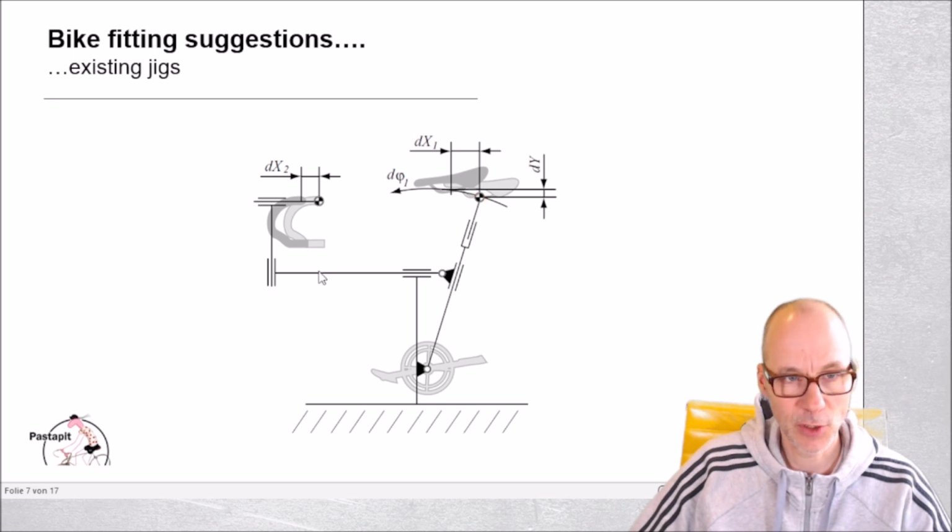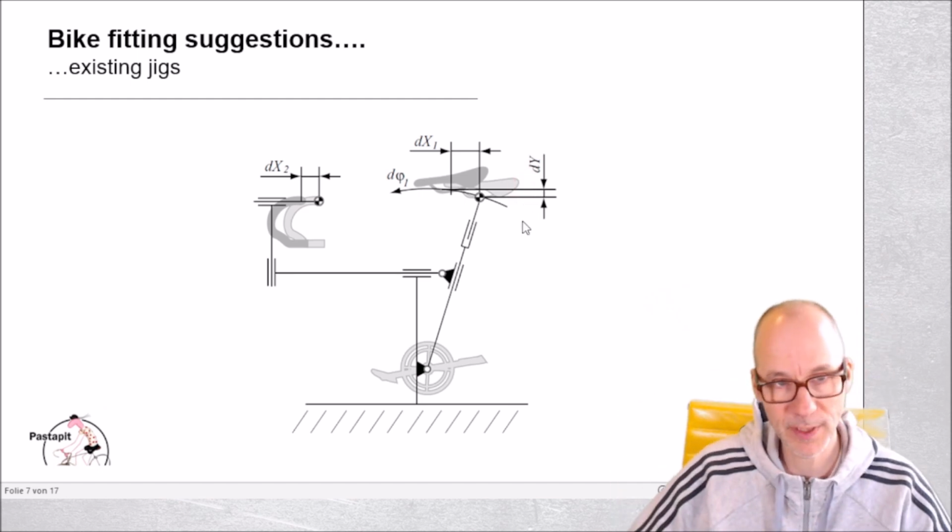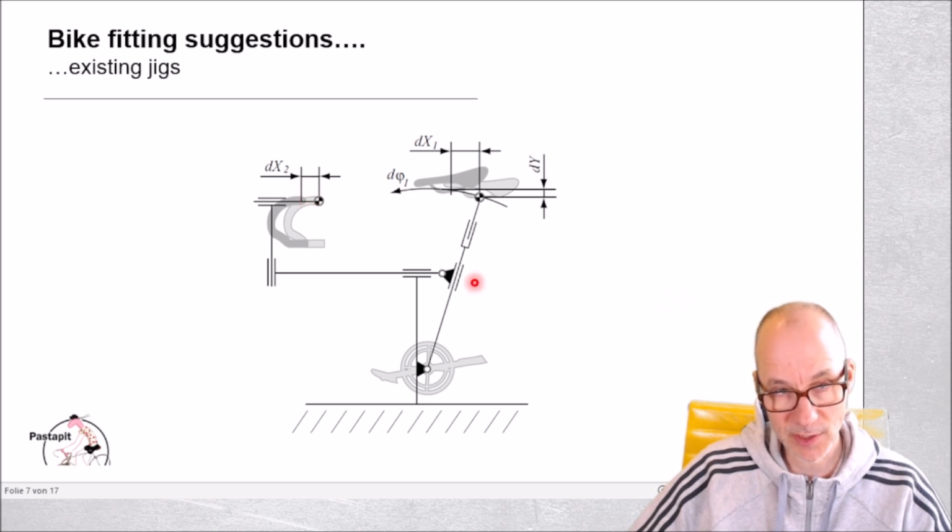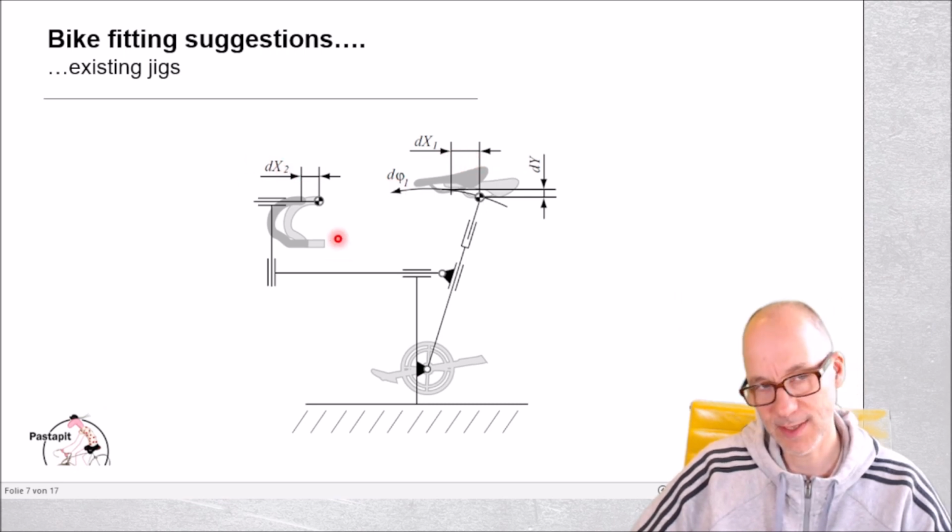And then if we have a close look at the handlebar, this is a very small amount of vertical movement, but I have no vertical movement right here, because it just slides through. And of course it's not the same amount in the horizontal way. So if the saddle has a movement like x1, the x2 is not exactly the same.